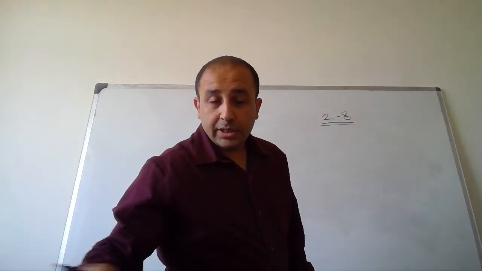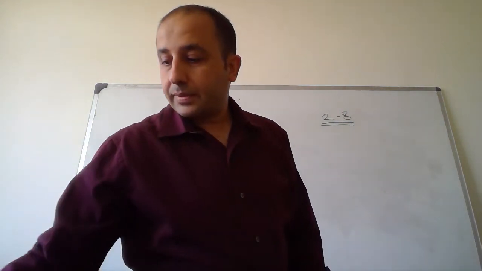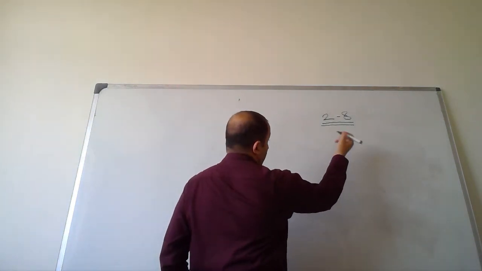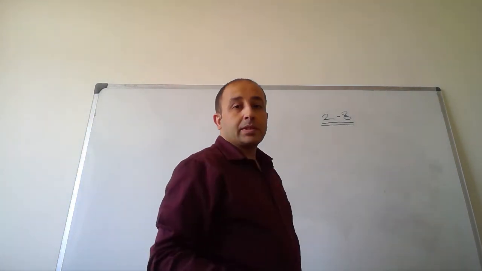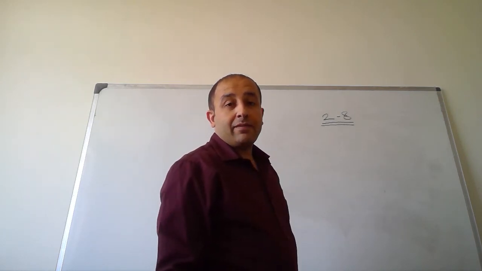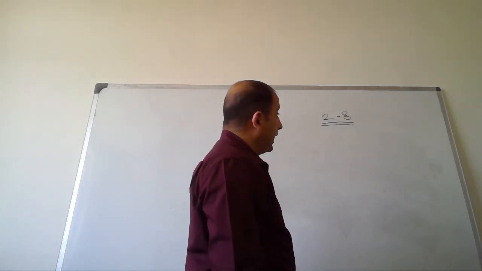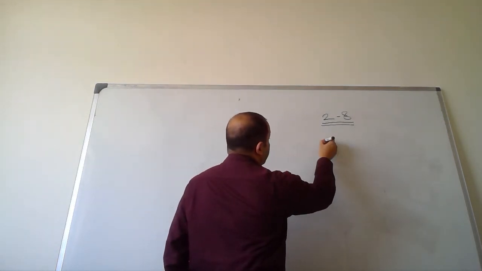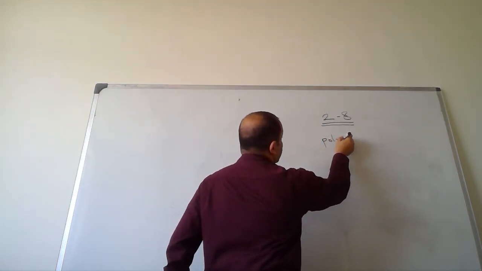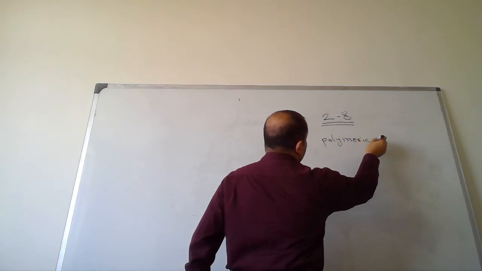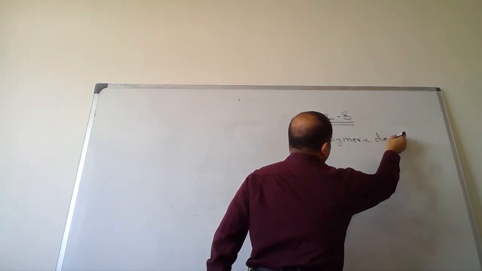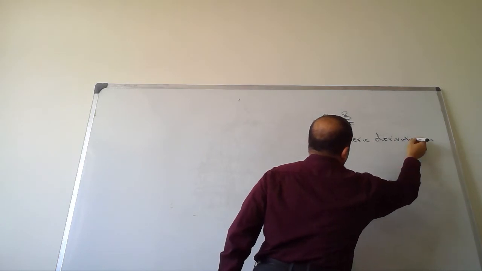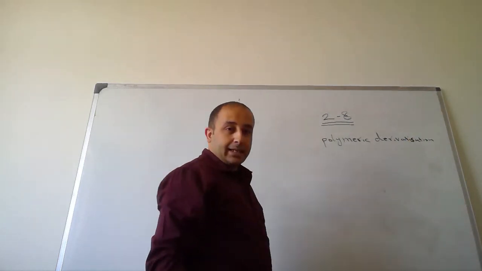Some new technologies are mentioned in the literature, and we have honestly some commercially available columns relying on these technologies. I will mention one of them, which is polymeric derivatization. What do we mean by polymeric derivatization of silica?